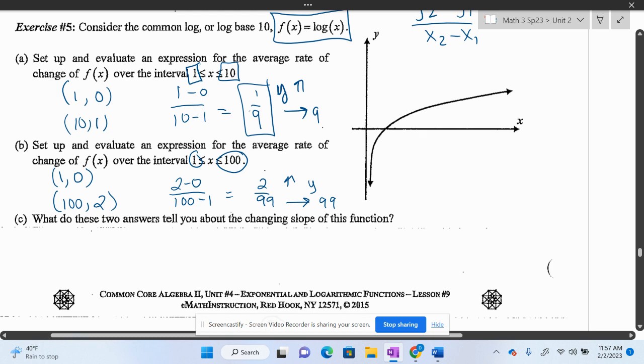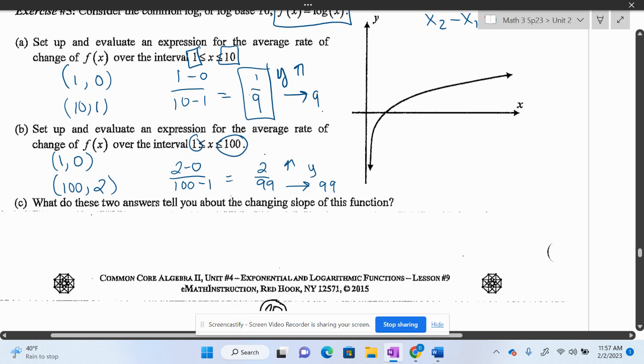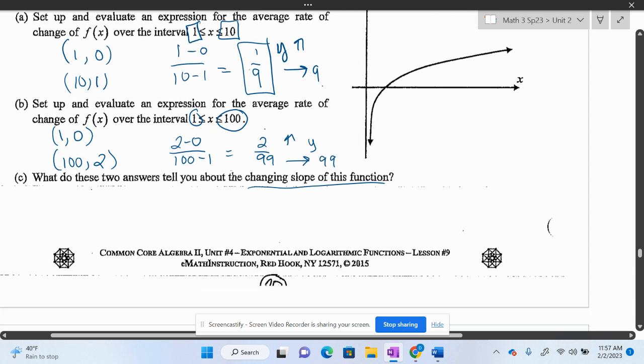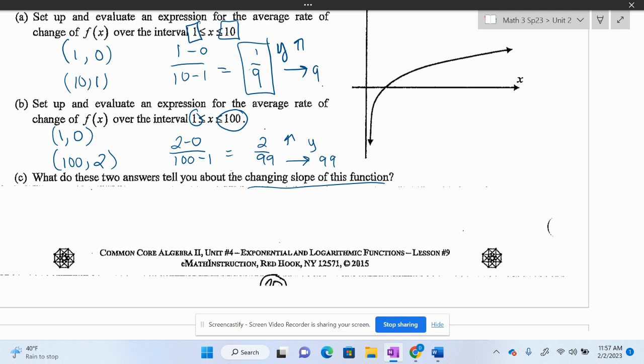So what do these two answers tell you about the slope of this function? Is it constant? No. It's not constant. That's all you need to say.